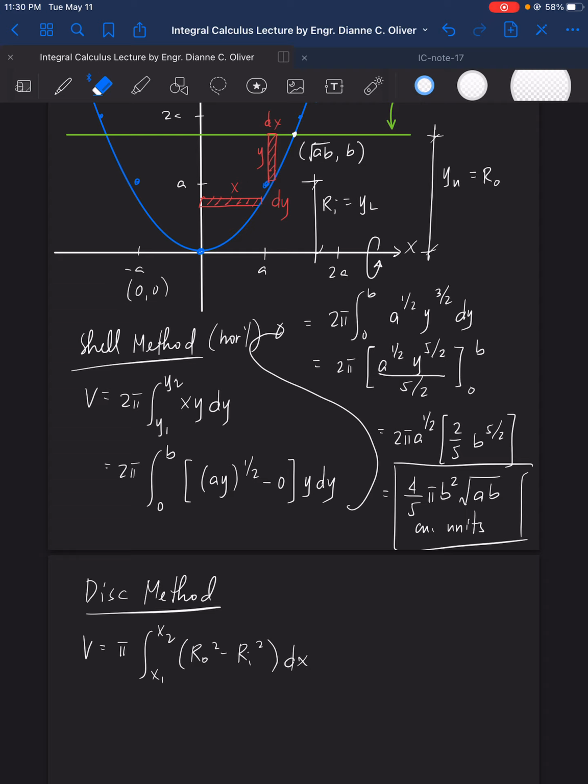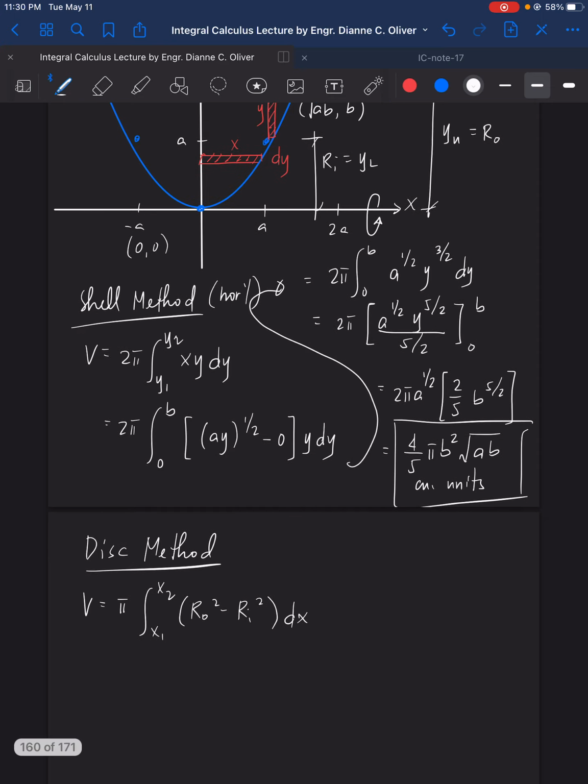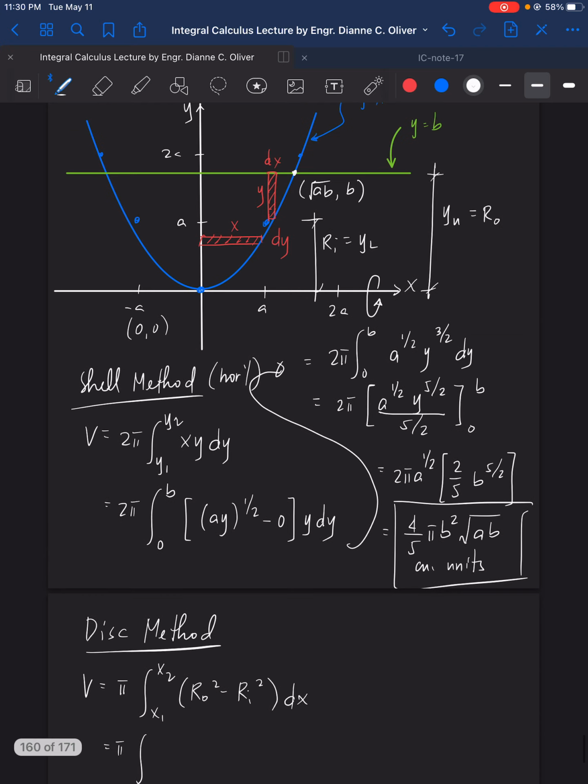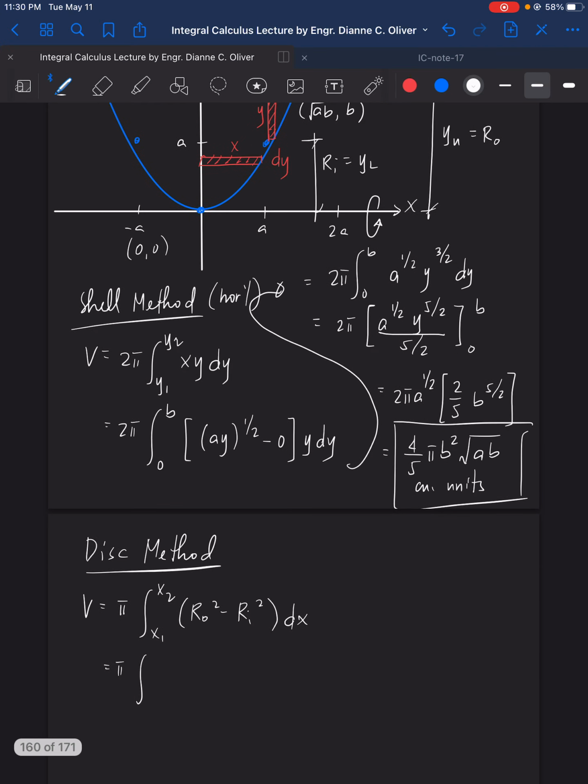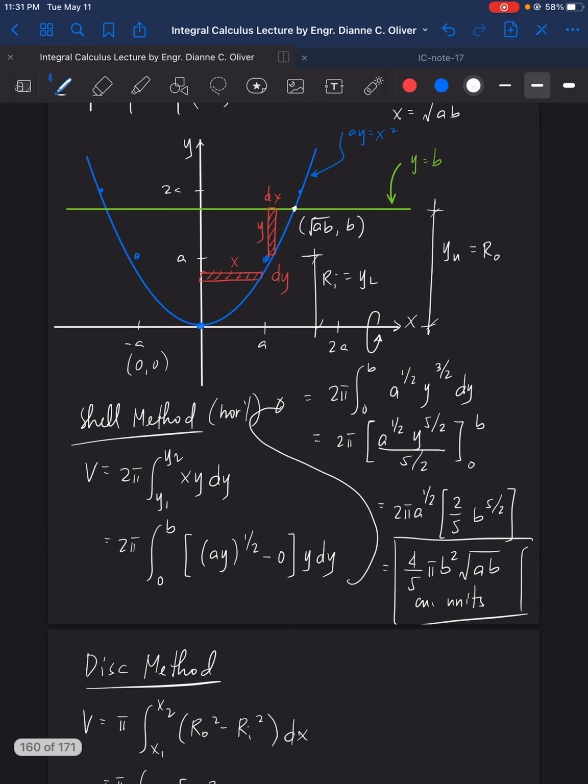Why did I put it there? So if we put it in the formula, our r outside is equal to the y upper. The y upper is b. That's simply b squared minus r inside, the y lower, which is the curve, and that is y is equal to x squared over a.